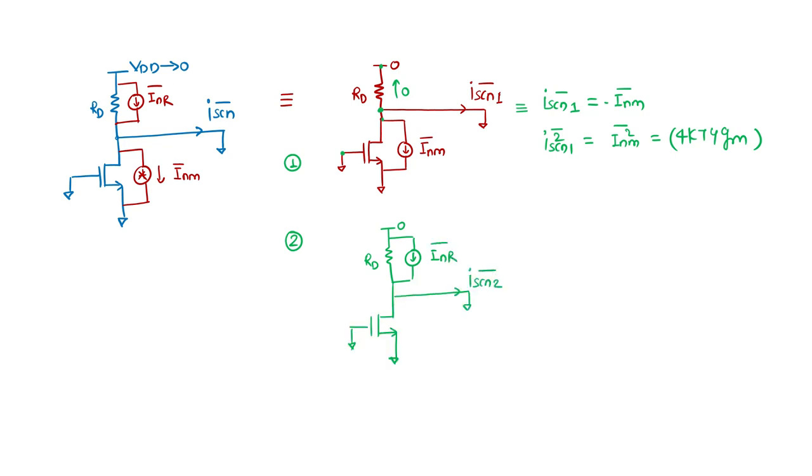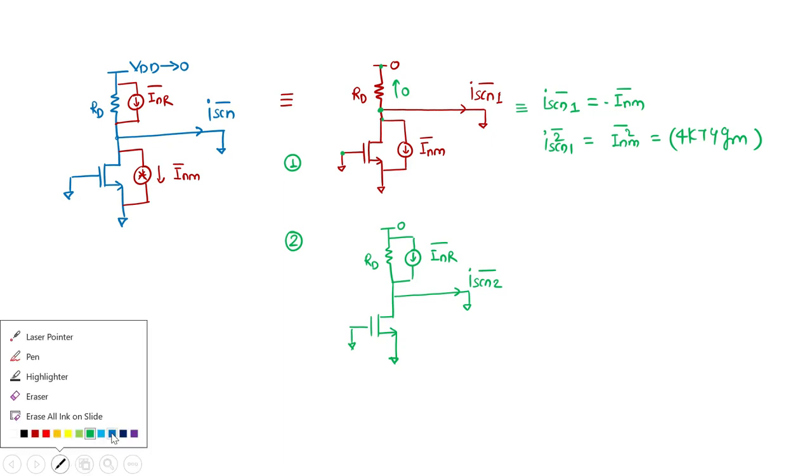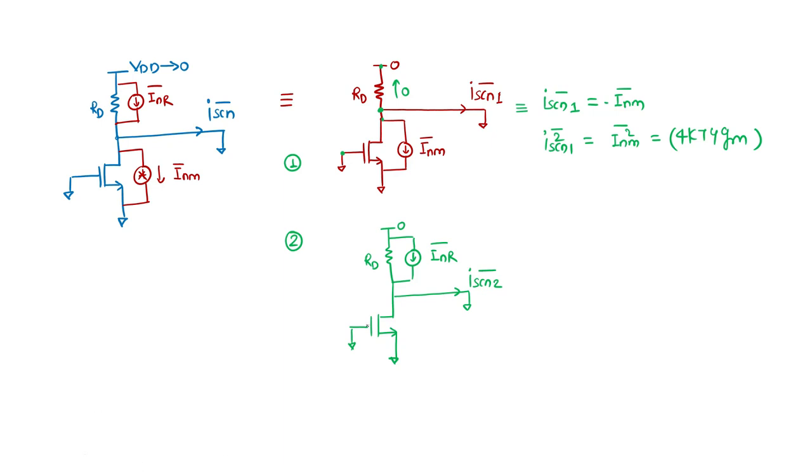I_SCN2. Look carefully at this KVL and KCL analysis. You will see the gate is shorted, the source is shorted to ground, and the drain is also shorted, so no current component here, not even a gm component, not even a gds component. Here also, this terminal is to ground and this terminal is to ground, so no current through this RD.